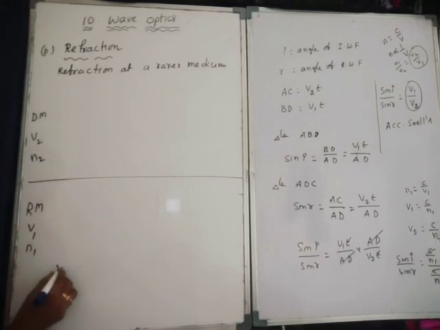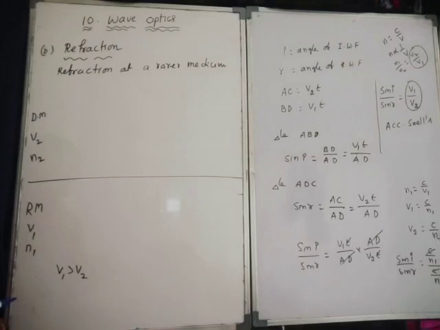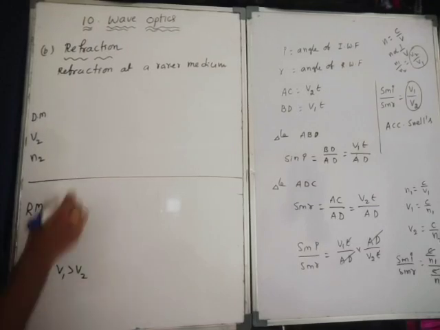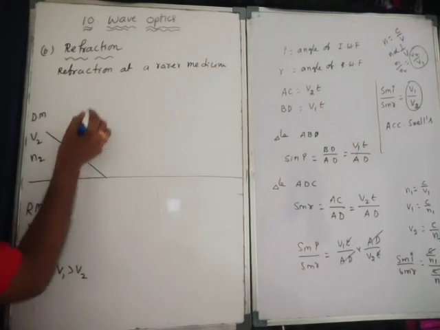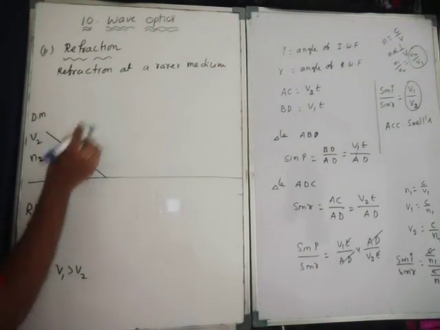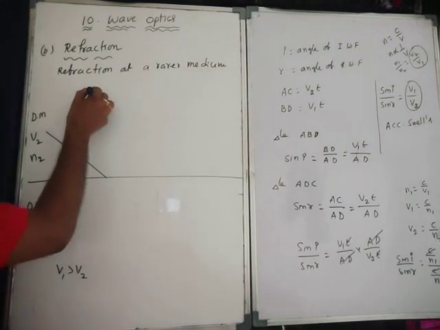So now V1 is greater than V2. Same incident rays, these are the two incident rays, going from denser medium to rarer medium.